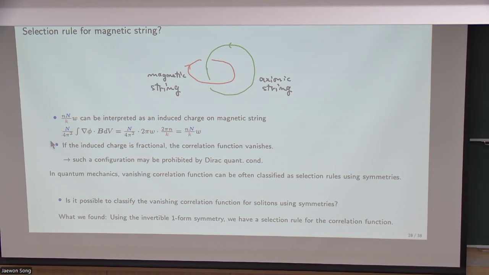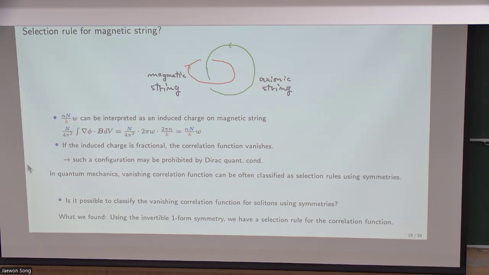So if the induced charge is fractional, the correlation function vanishes. Such a configuration may be prohibited by the Dirac quantization condition. In quantum mechanics, the vanishing of the correlation function can often be classified as a selection rule using symmetries.